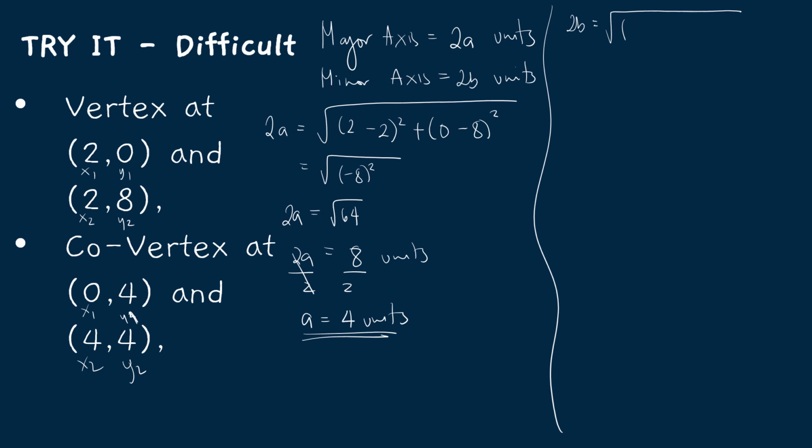We can have x sub 2 minus x sub 1, so it's the same: 4 minus 0 squared plus 4 minus 4 squared. 4 minus 0 is 4 squared, plus 4 minus 4 is 0 squared. We can cancel out the radical sign and the squared symbol. Therefore, the value of 2b, or the minor axis, is 4 units. Then divide both sides by 2, and we have the value of b, which is 2 units.